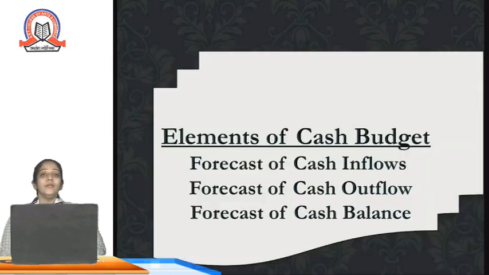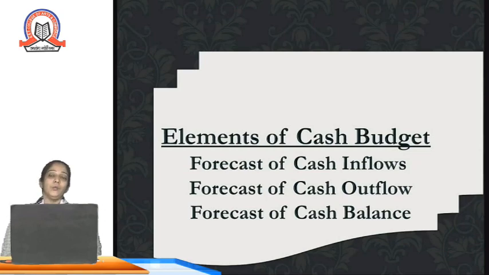Now, what are the various elements of cash budget? Cash budget includes three important elements. Number one, we have forecast of cash inflows. It includes receipts from cash sales, collections from the debtors if we made sales on credit to the customers, and also the various small dividends or incomes which we receive on a recurring basis.